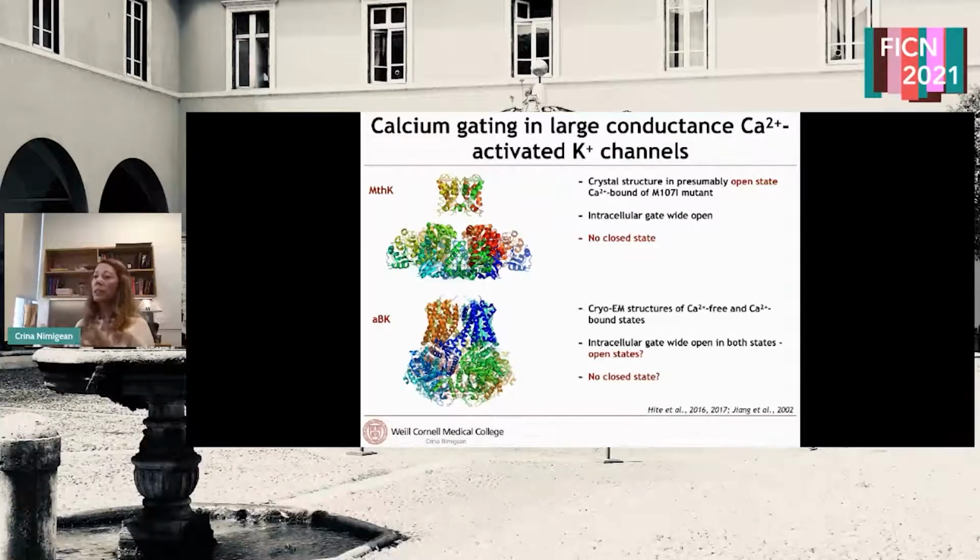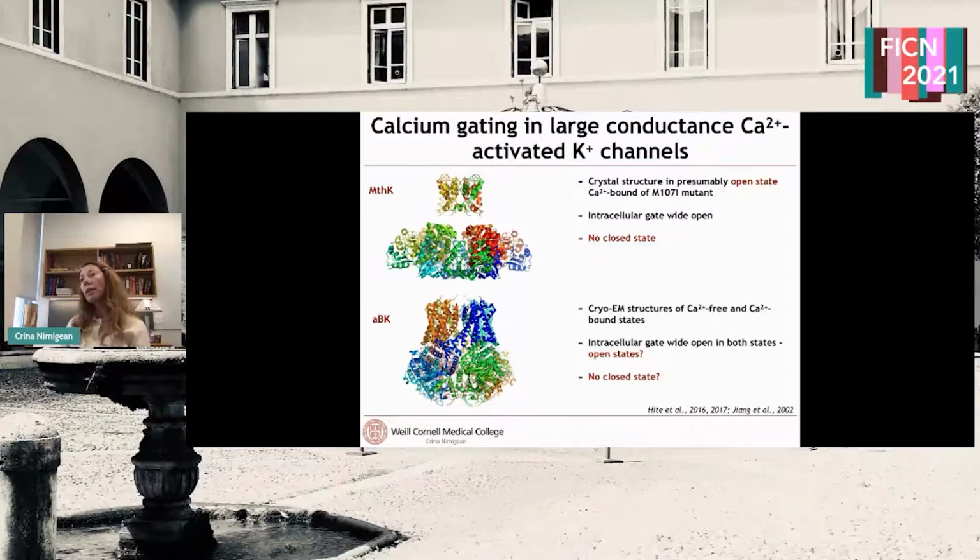So there was a question, and there still is a question, regarding the BK channels, whether these two states, calcium-free and calcium-bound, are actually open states, or whether there is no such thing as a closed state determined, due to the presence of these voltage sensing domains that seem to mess up conformational states in most channels and structures that I've seen. Or is it that, as was proposed in the past, the gate is at the selectivity filter, and this intracellular gate doesn't matter so much?